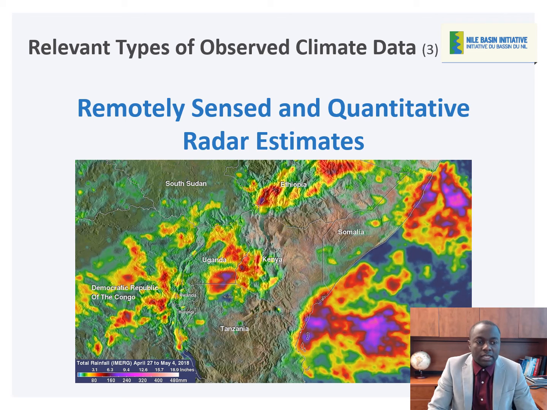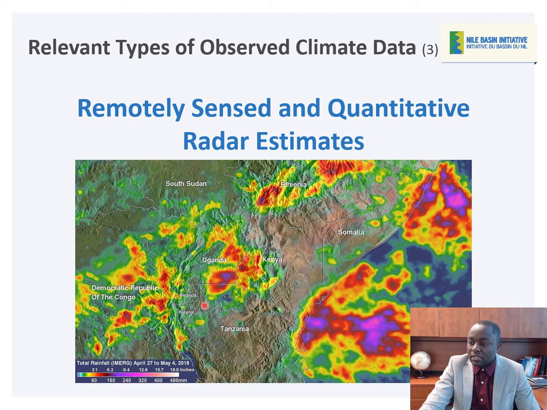Presently, there are many quasi-global, high-resolution satellite data products, especially precipitation, including the PERSIANN dataset, the CPC morphing technique called CMORPH, the Global Satellite Mapping of Precipitation, that is GSMaP, the Tropical Rainfall Measuring Mission called TRMM, Multi-Satellite Precipitation Analysis, and currently we have the Global Precipitation Measurement Mission, and this is typically known as IMERG.